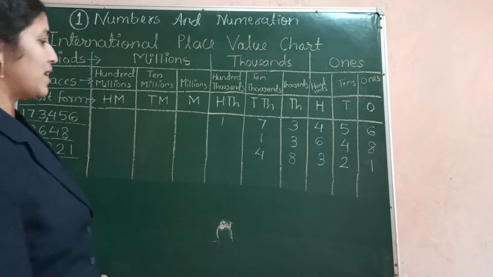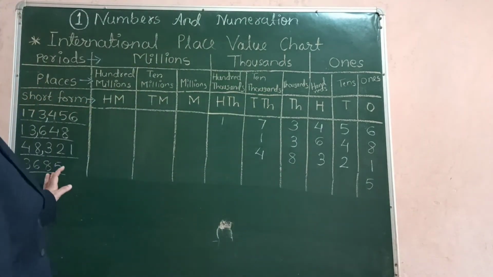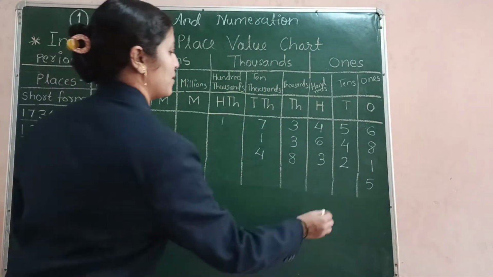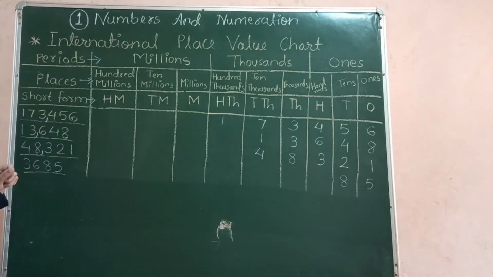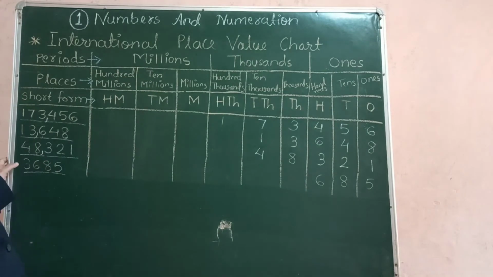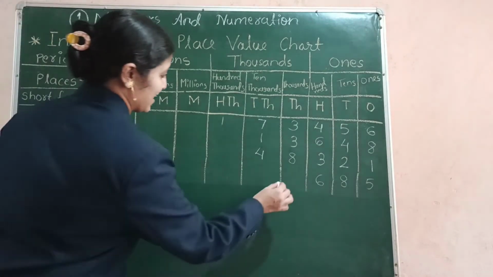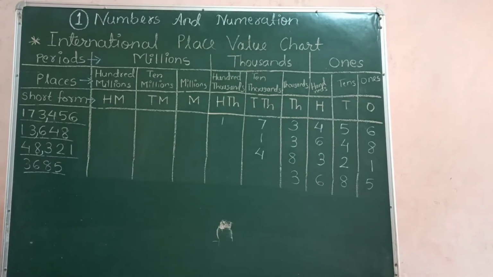So in unit place, in ones place we will have 5. In tens place we will have 8. In hundreds place we will have 6. And in thousands place we will have the number 3. And we will put a comma after the ones period.